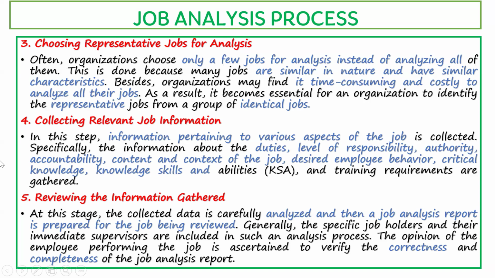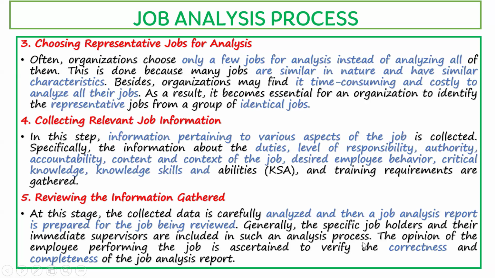Then, number 5, reviewing the information gathered. At this stage, the collected data is carefully analyzed, and then a job analysis report is prepared for the job being reviewed. Generally, the specific job holders and the immediate supervisors are included in such an analysis process.